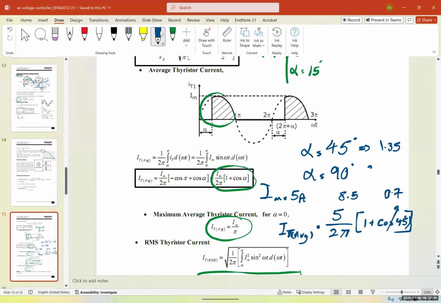And obviously, if alpha is equal to 0, it's going to be double that. So it's going to be Im over pi, which is around 1.56. So the average maximum is 1.56.